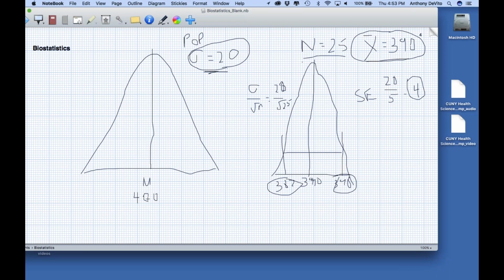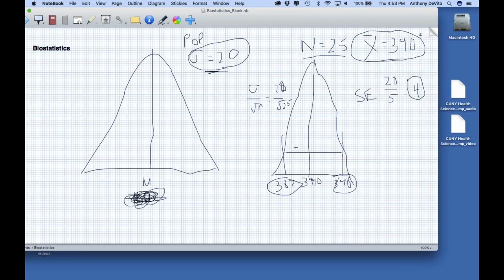Okay, I'm going to erase this 400 because we don't know what it is. I have to erase it because I just realized that's not going to work. Now, we're not really going to do this. However, we're going to take a twist on this.